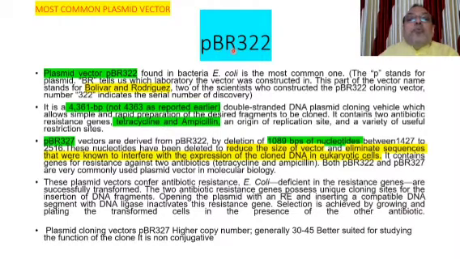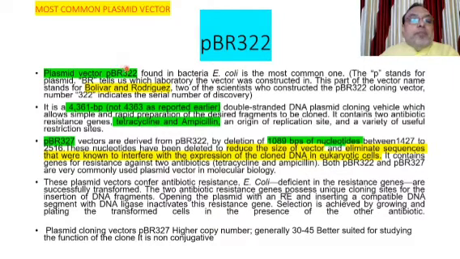BR represents the lab in which that plasmid was developed, and 322 is the serial number of its identification or development. It was developed in the lab of Bolivar and Rodriguez, and so BR, and 322 represents the number.